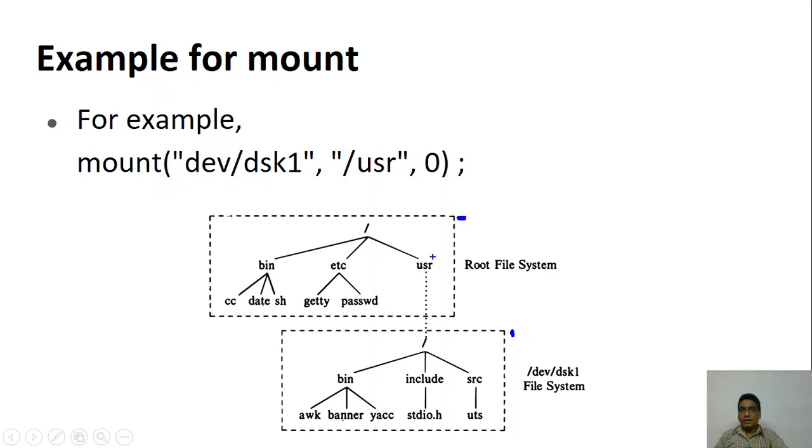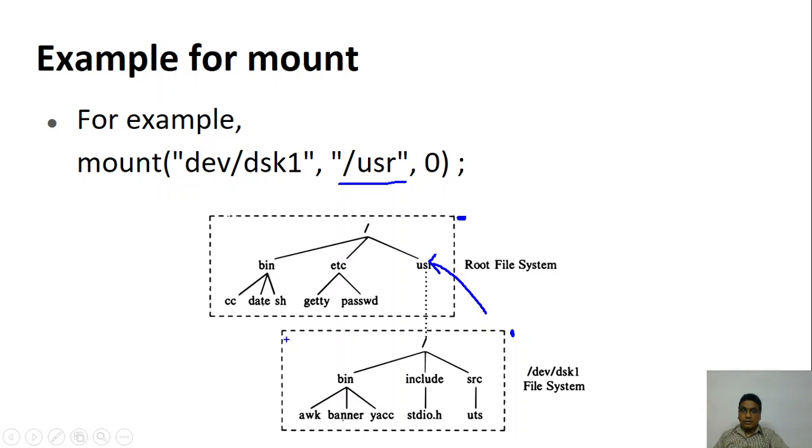This is my existing file system, let's say my Linux file system. The point where I want to connect the new file system, or mount the new file system, is user. So I specify that here. This is the mounting point where I want to connect the file system.